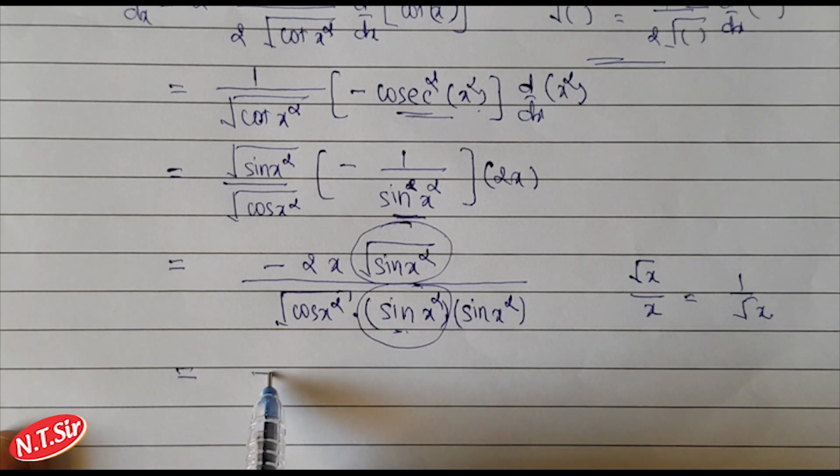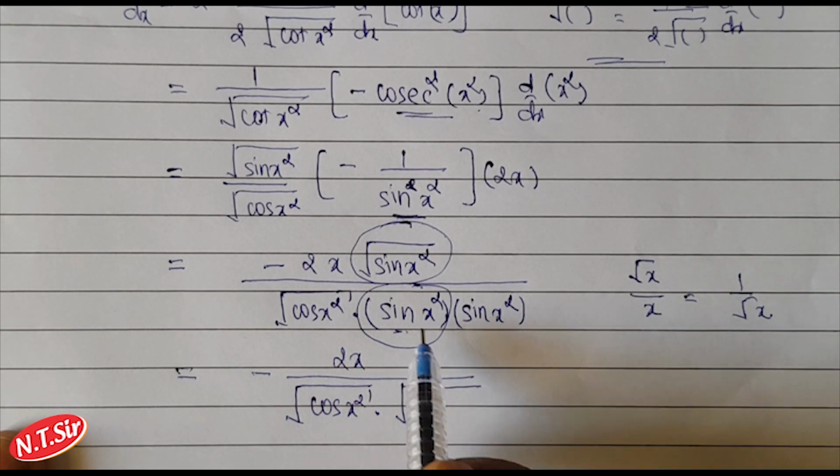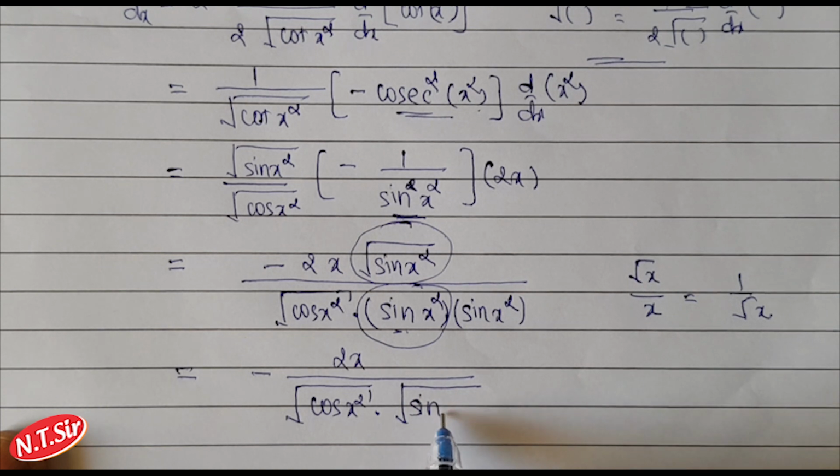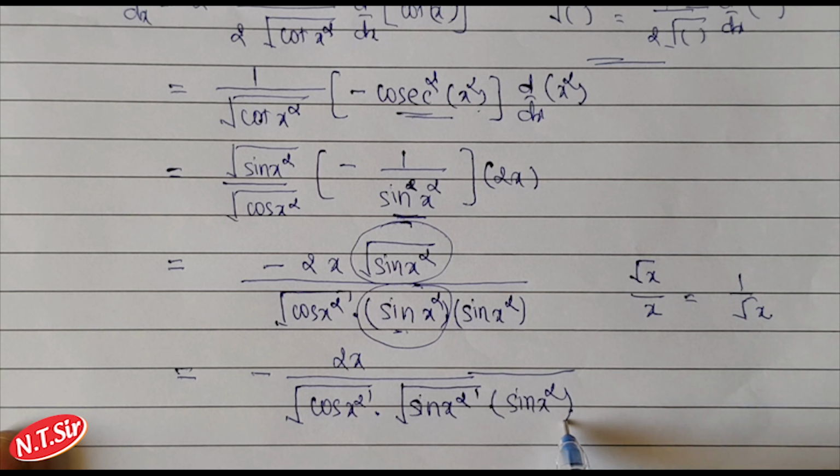So this becomes minus twice x whole upon under root cos x square into under root sine x square.